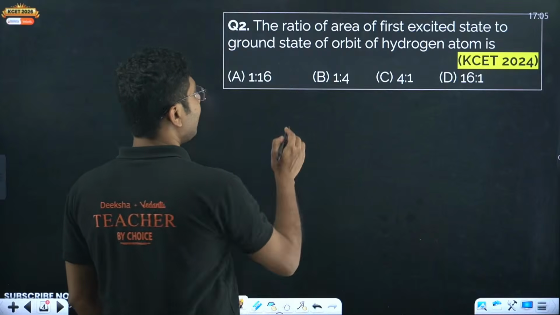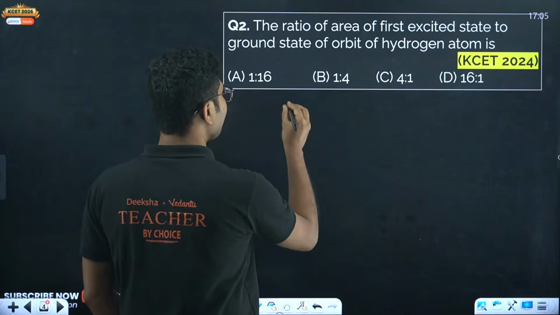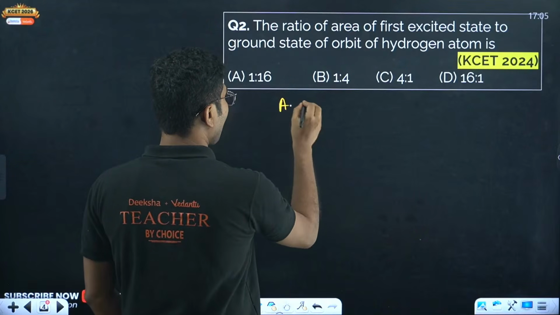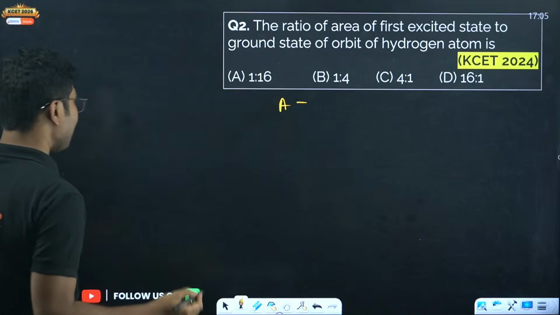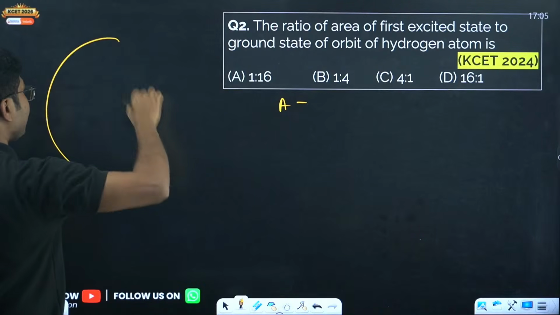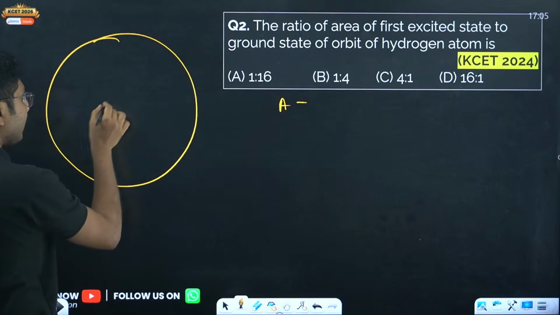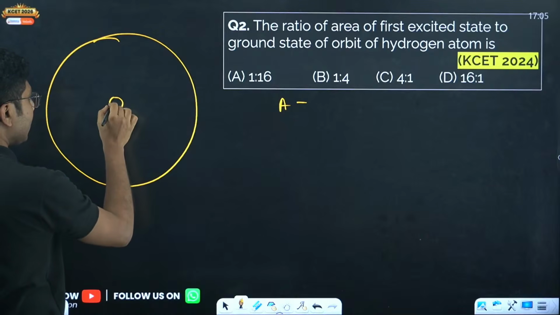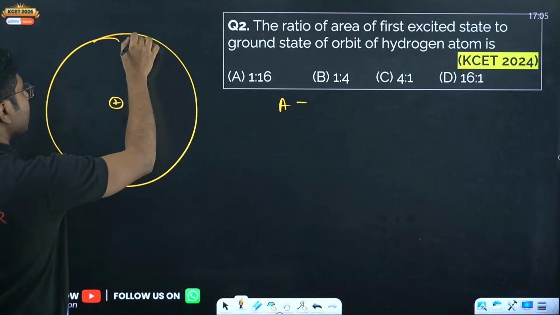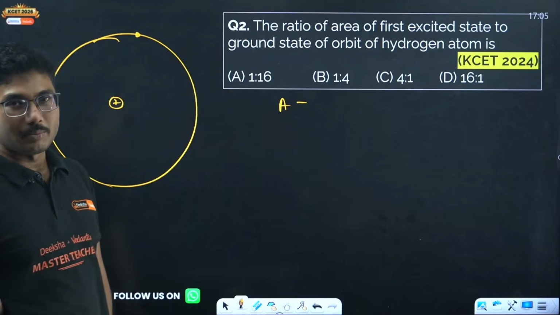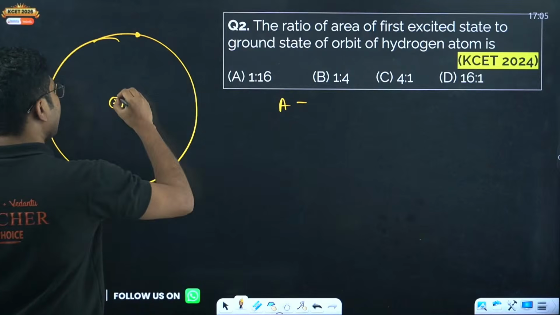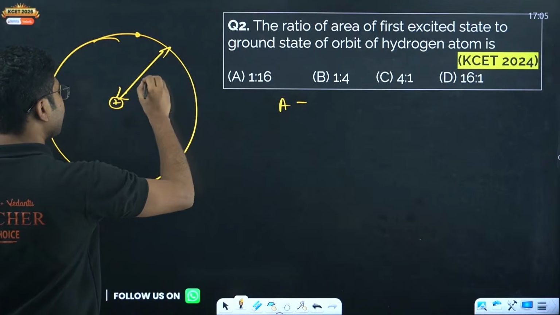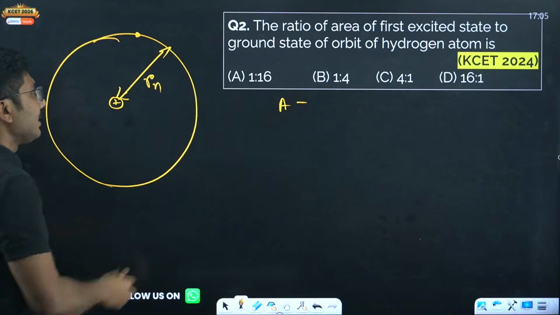Again a similar question. What is the shape of the hydrogen orbit? The shape of the hydrogen orbit of the electron is obviously, this is the nucleus, and electrons are orbiting in a circular orbit. That is Bohr's postulate. If this is the radius of the orbit, then this is a circle.